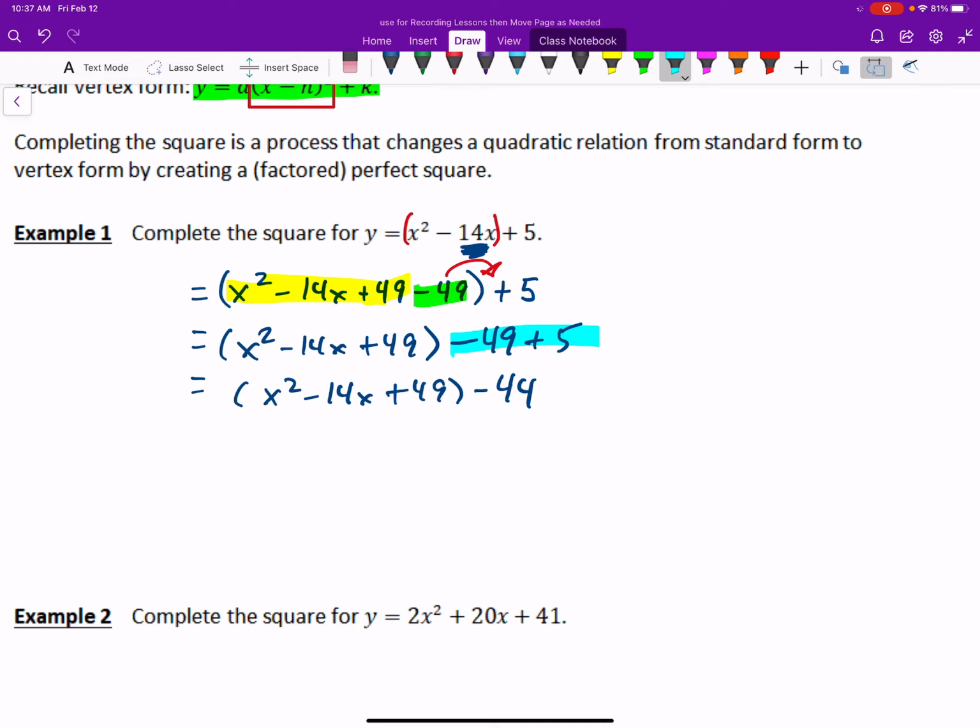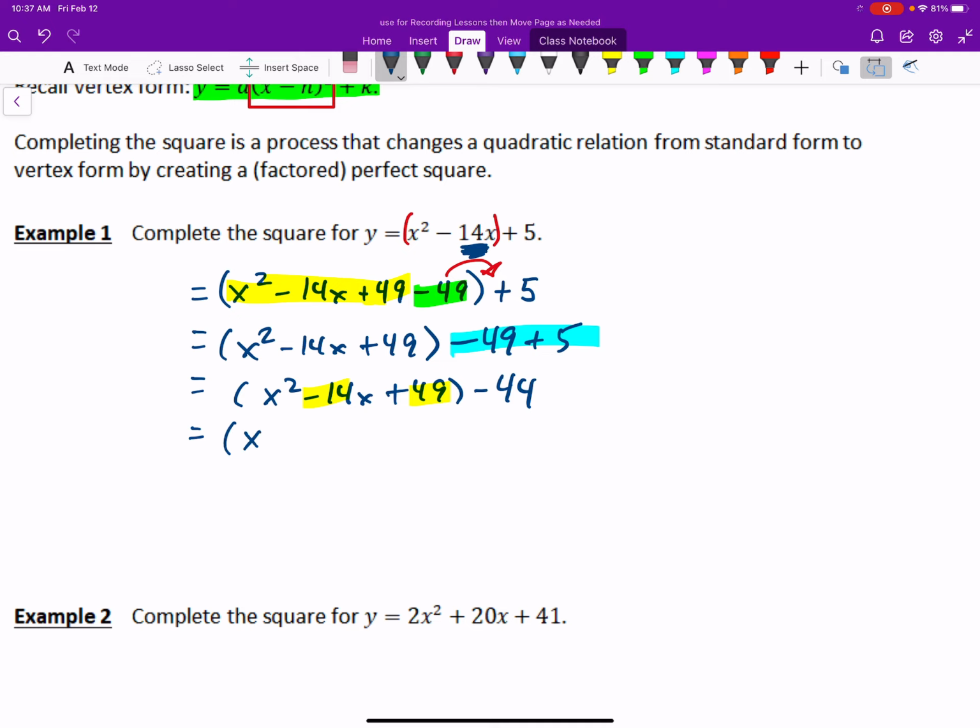As for my perfect square inside the brackets, let's factor that. So I want two numbers that multiply to give 49 and add to give negative 14, recalling our factoring from before. Well, it's going to be the same number twice because that's how perfect squares work.